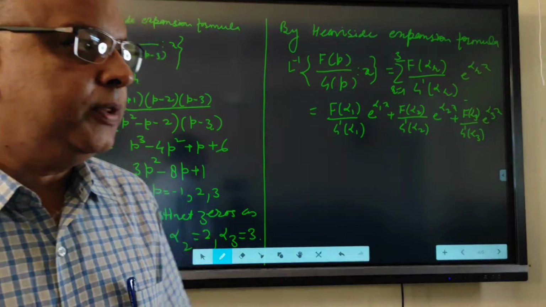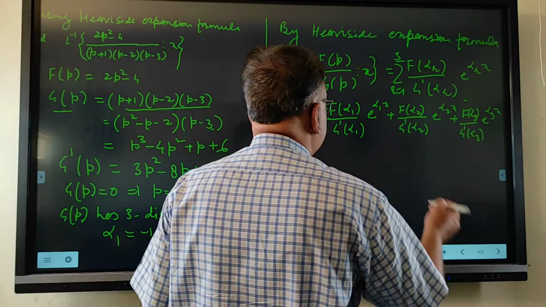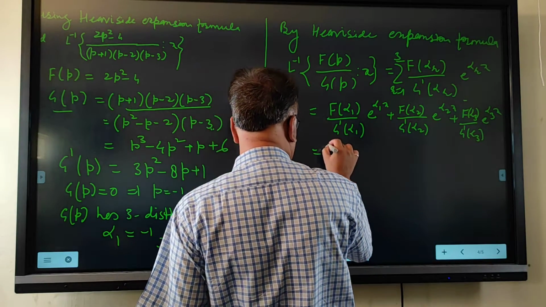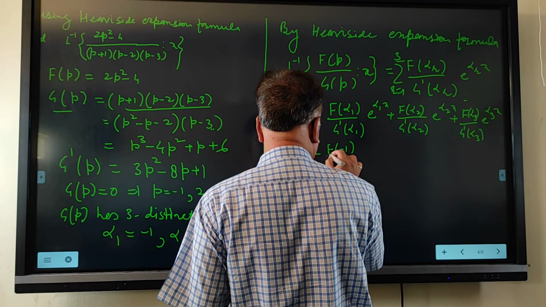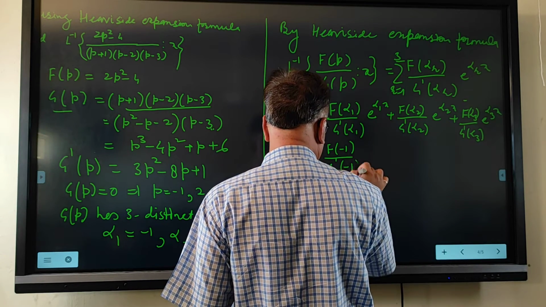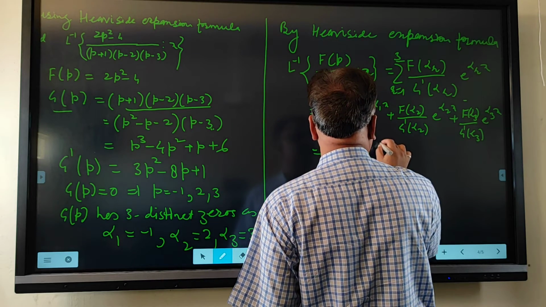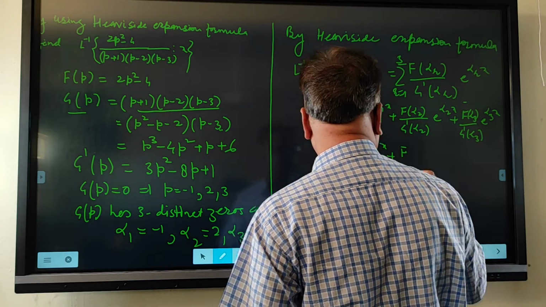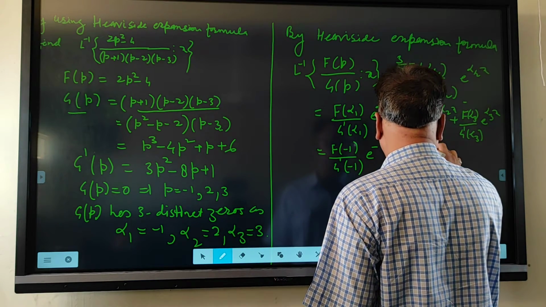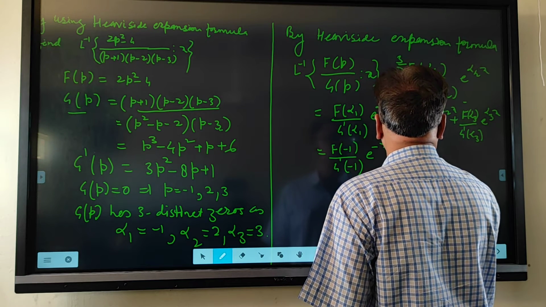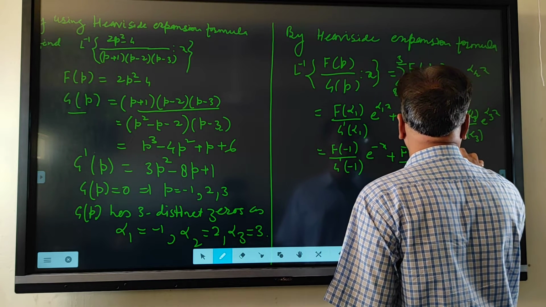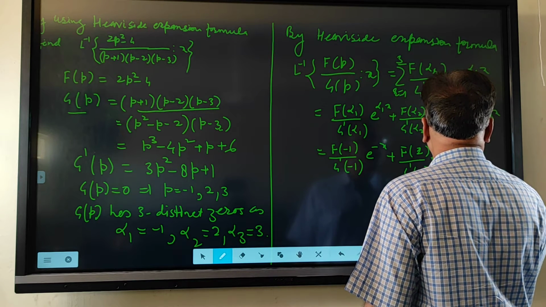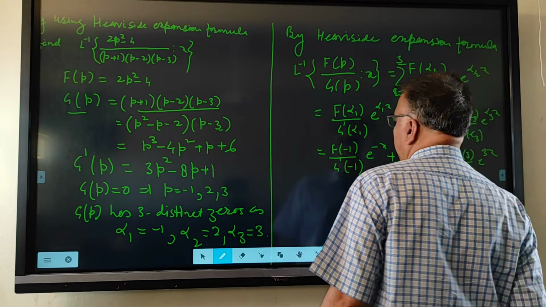So putting the values of the three different zeros, we get F(−1) upon G'(−1) e^(−x) plus F(2) upon G'(2) e^(2x) plus F(3) upon G'(3) e^(3x).